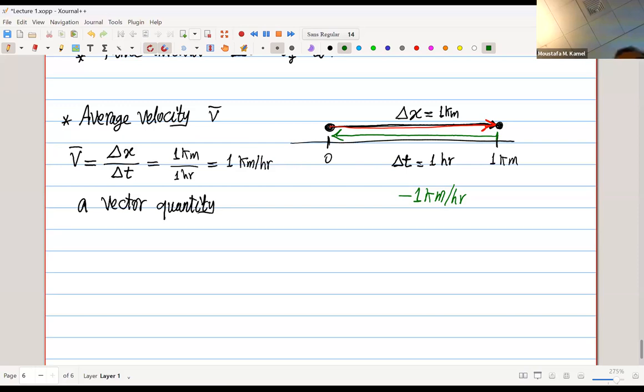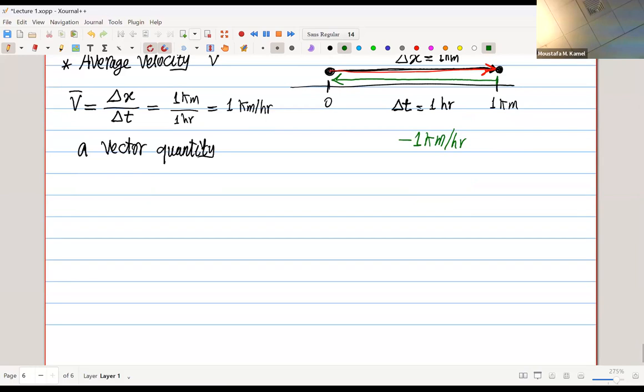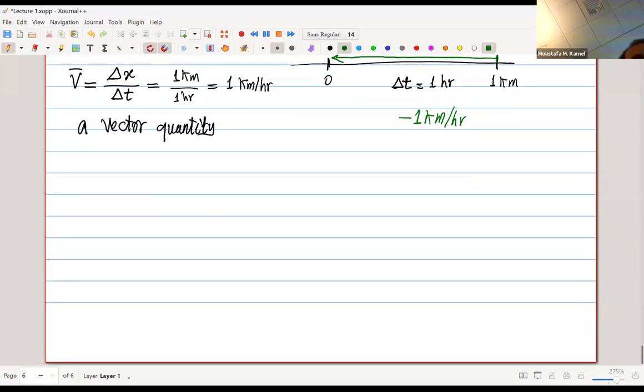The instantaneous velocity, on the other hand, is what you read on the display. And the instantaneous velocity is just the average velocity, but over a very, very, very small amount of time, like infinitesimal amount of time. So let's say 0.0001 seconds, you make that averaging and get a value, and that value is your instantaneous velocity.